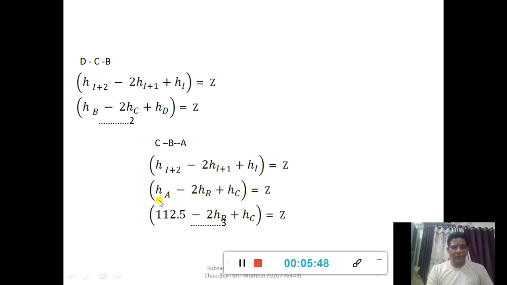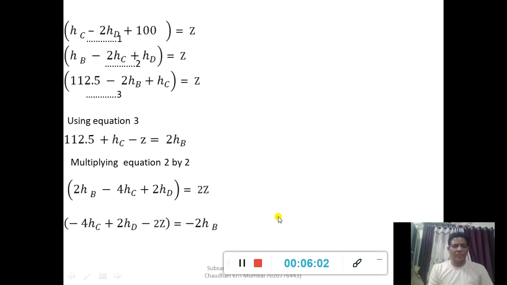Friends, we have the value of h of A, our left-hand side boundary condition, 112.5, minus 2 h of B plus h of C equals z. So here we have three equations for three points and three unknowns.